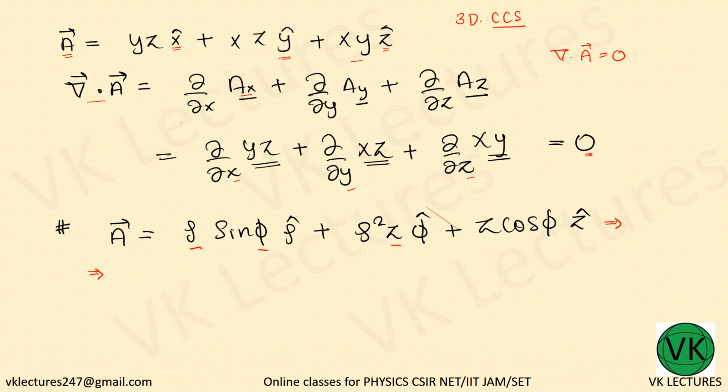So this is a cylindrical coordinate system, and you need to find del dot A at (1, pi by 2, minus 1). So this is the question. Please find the answer.